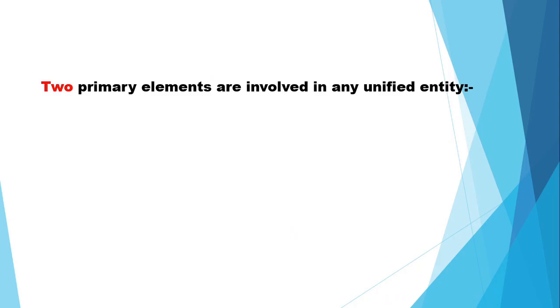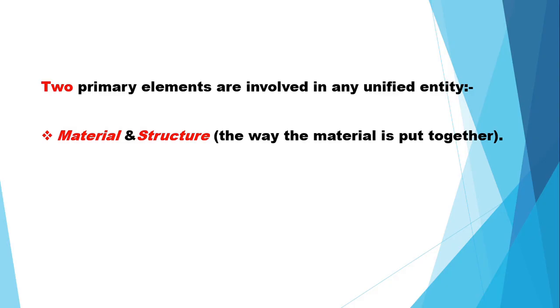There are two primary elements that are involved in any unified entity, and that is material and structure. That is the way the material is put together. That is when we are talking of structure. And remember, in structure, I mentioned that there are two things we looked at.